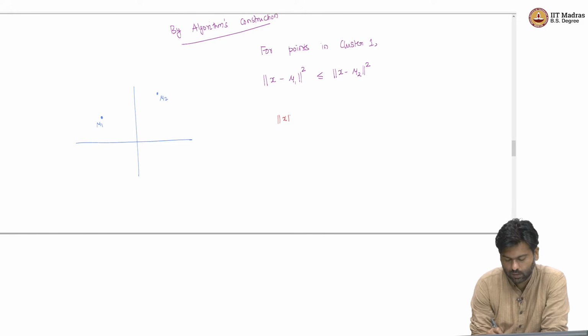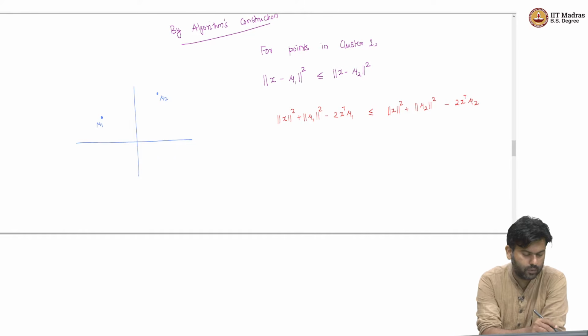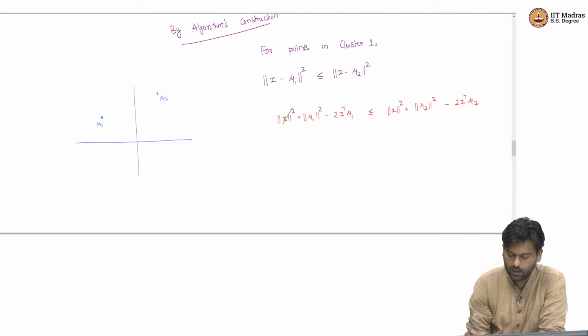This is just x squared plus mu1 squared minus 2 x transpose mu1, and that is less than or equal to x squared plus mu2 squared minus 2 x transpose mu2. Of course, we can cancel certain terms, and I can bring the last term to the other side.